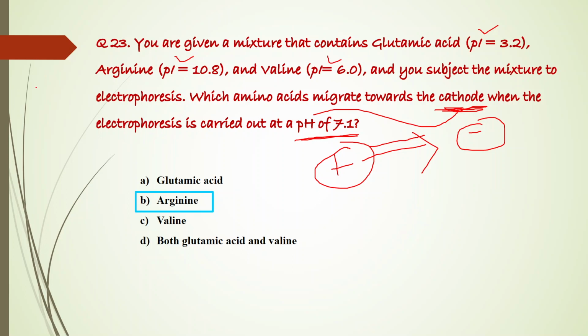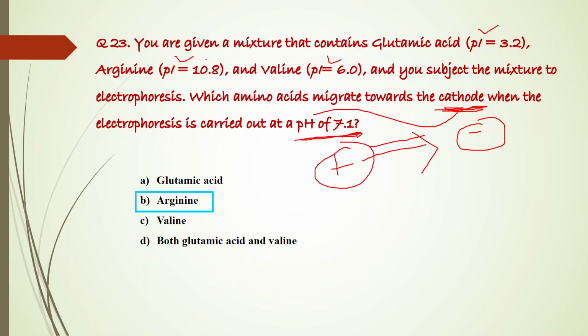Only in case of arginine, the pH is less than the pI. What does that mean?